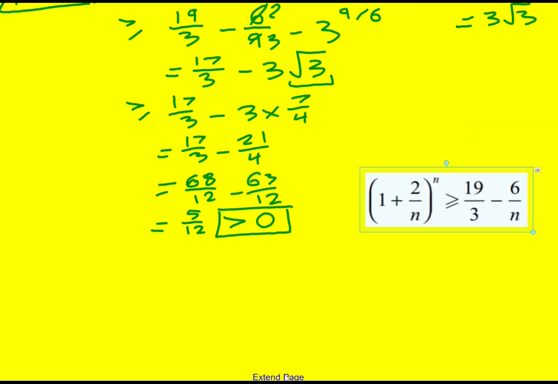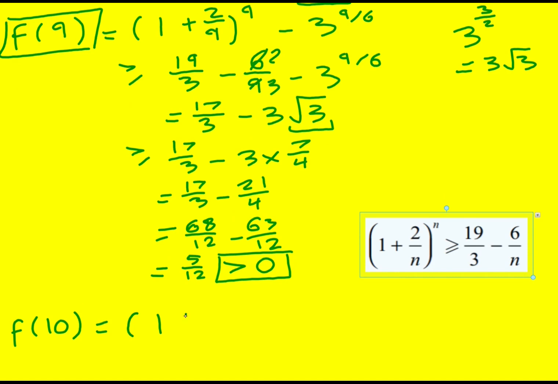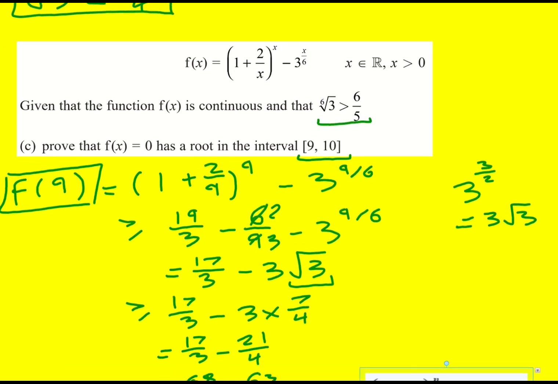Now for f of 10. So this is going to equal 1 plus 2 over 10 to the power 10 minus 3 to the 10 over 6. I need a different tactic here because remember, I'm trying to show that there's a root in the interval 9 to 10.